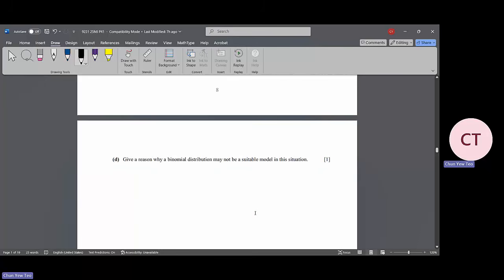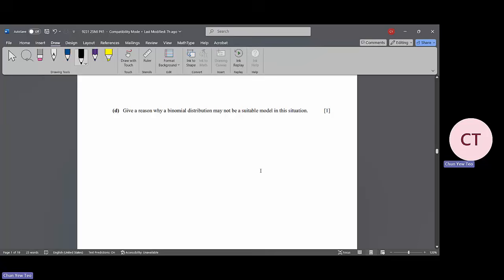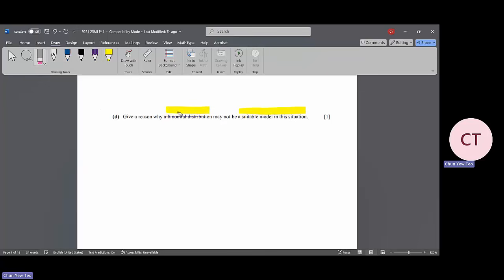Moving on, we have question number 3D. Give a reason why a binomial distribution may not be a suitable model for these situations. For binomial distributions, there are many reasons, because the probability may not be constant, or the trials may not be independent, and so on.